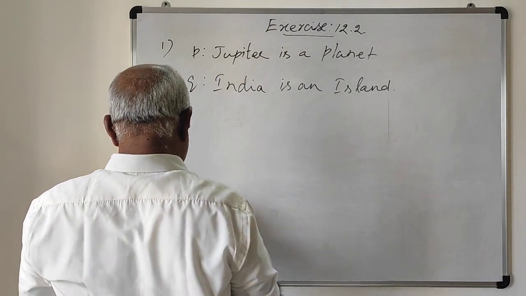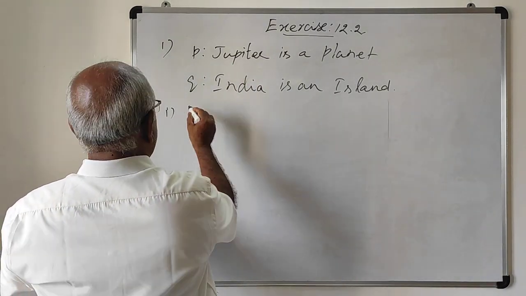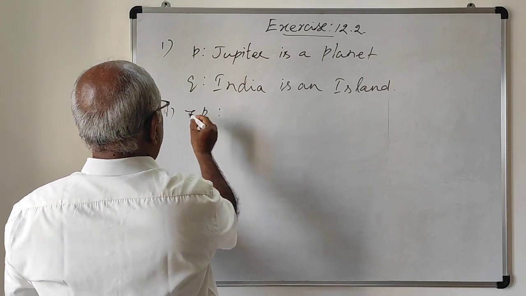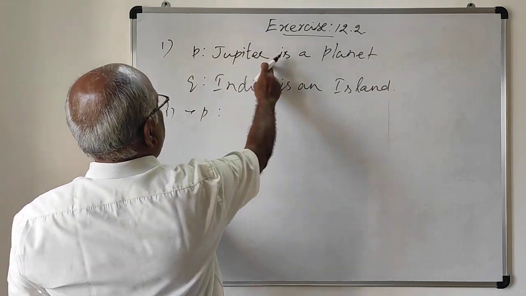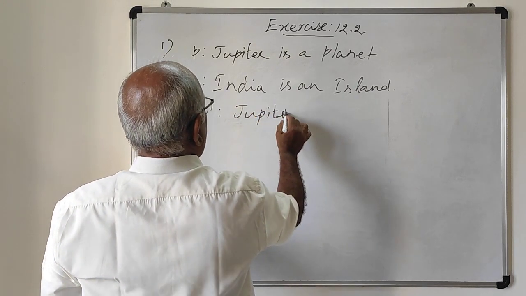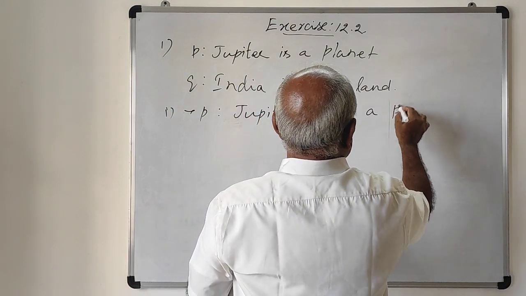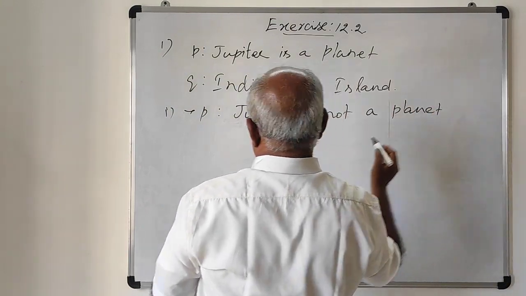Using these two statements, write down the statements for the given expressions. First, negation P, the negation of P. P is Jupiter is a planet, so negation P is Jupiter is not a planet. This is the negation statement.